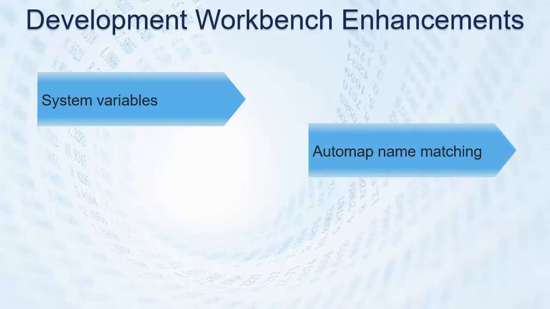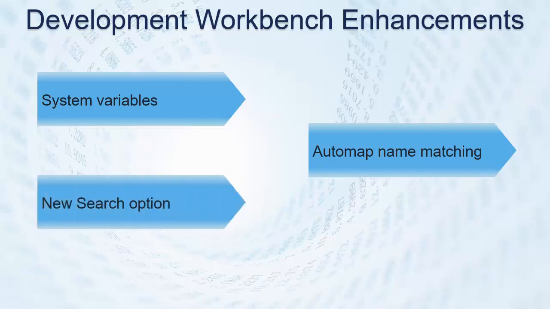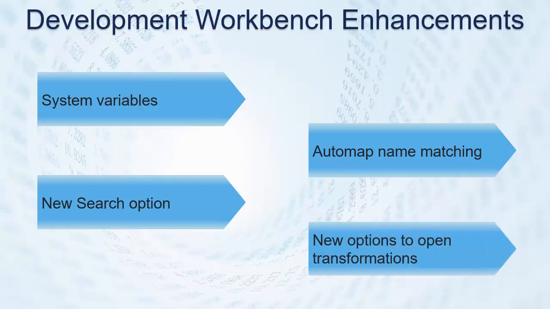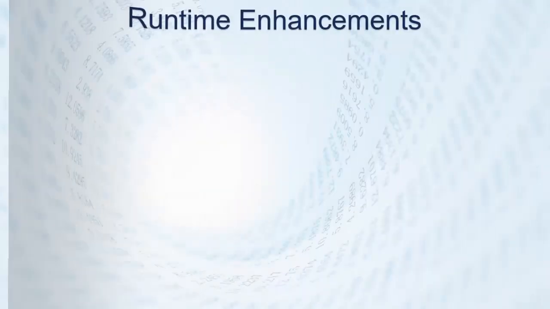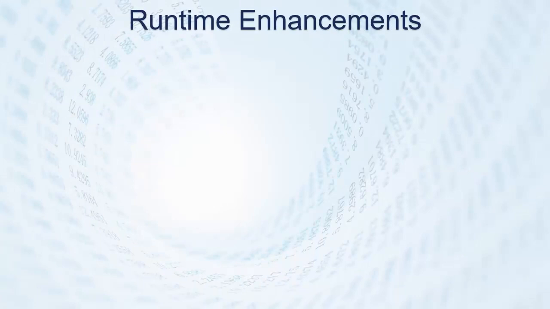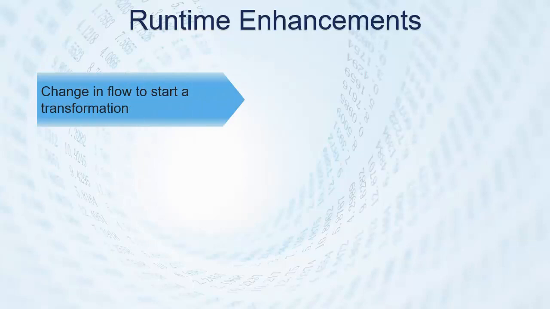Auto-map name matching, you can auto-map the source and target tables. New search option from the classifier map designer. And new options to open transformations, you can open the transformation from the menu, or by right-clicking the transformation and selecting Open.